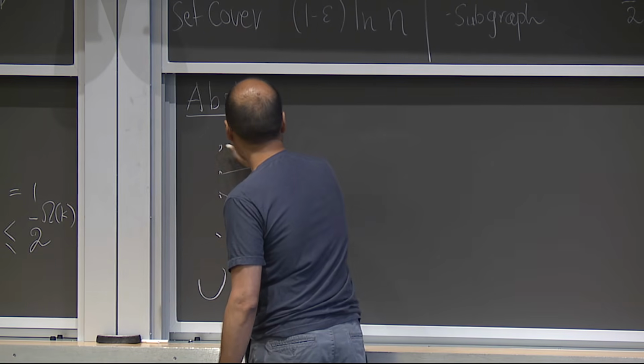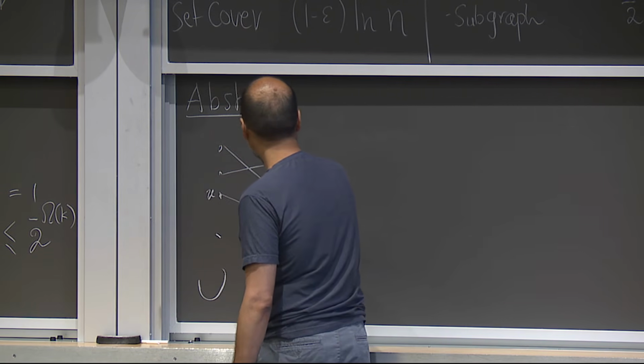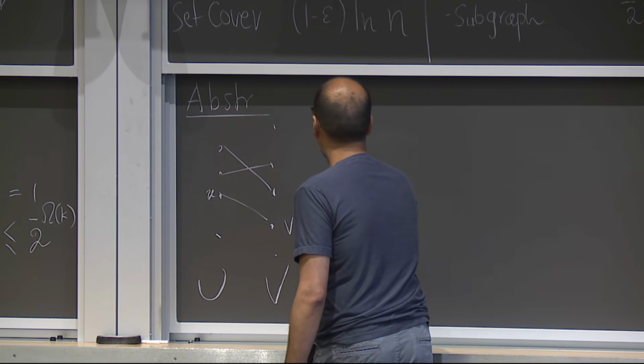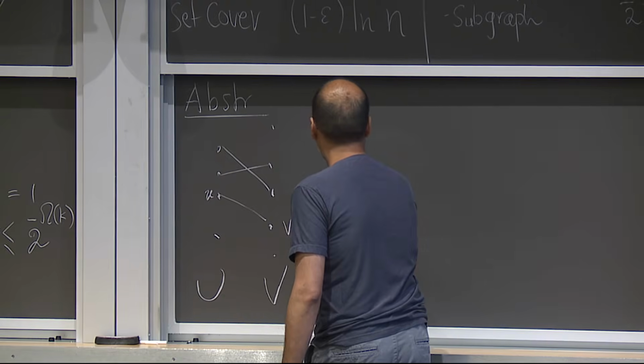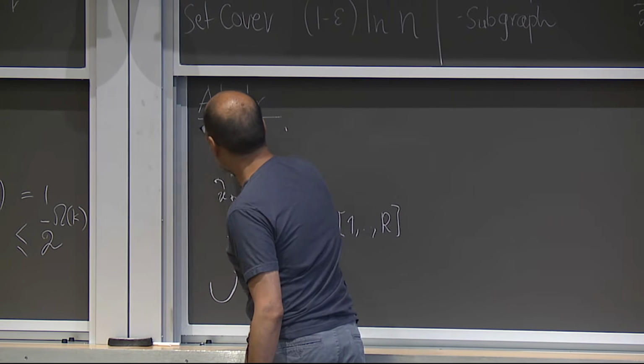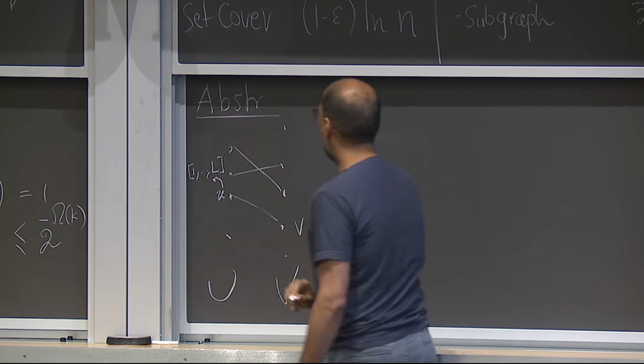There is a bipartite graph. Let's say this vertex is little u, this vertex is little v. V is supposed to get assigned labels from some range 1 to capital R. U is supposed to get assigned an integer from, let's say, some range 1 to capital L.